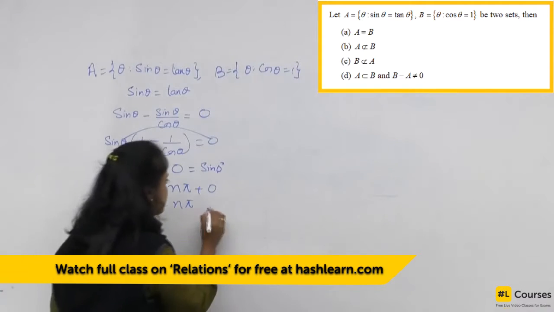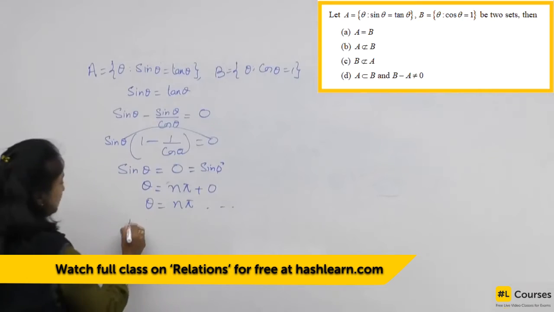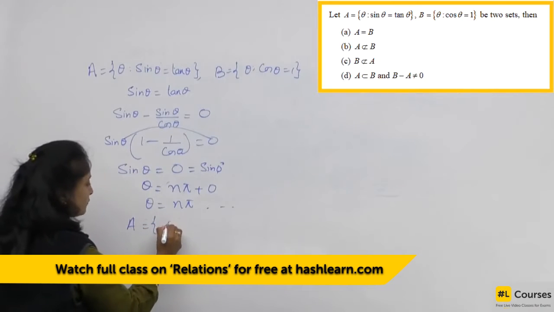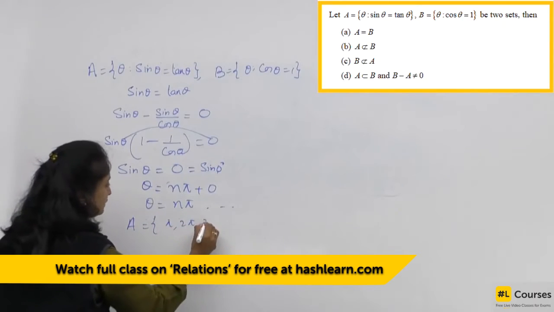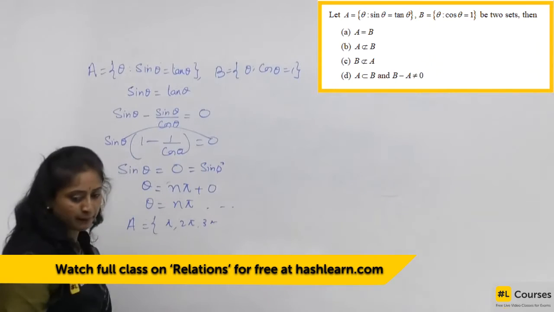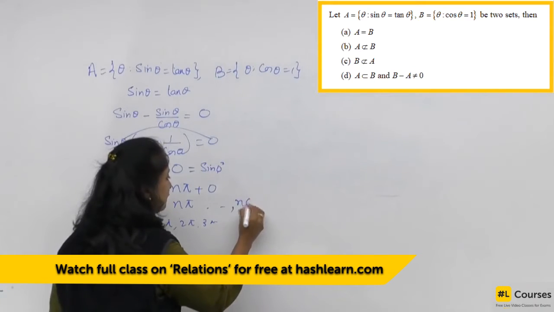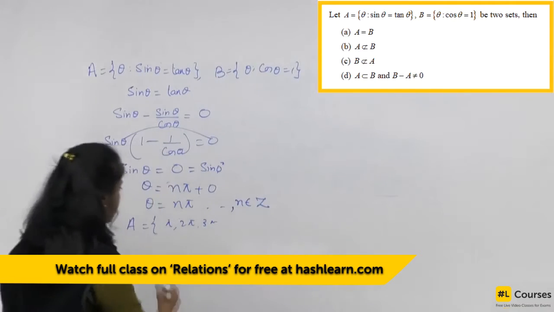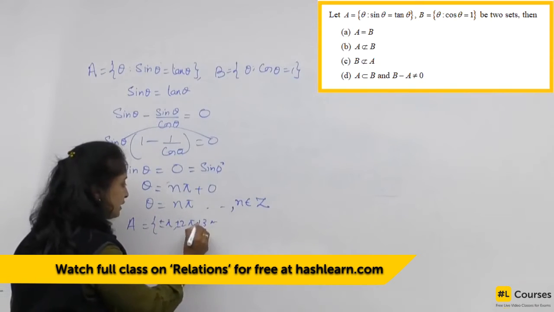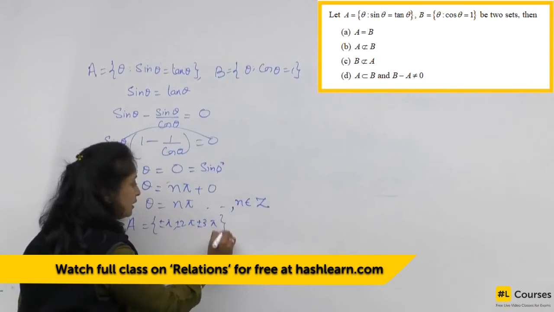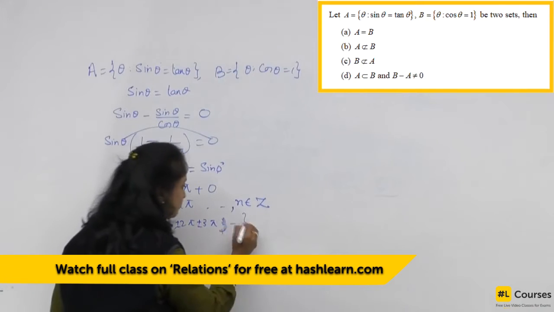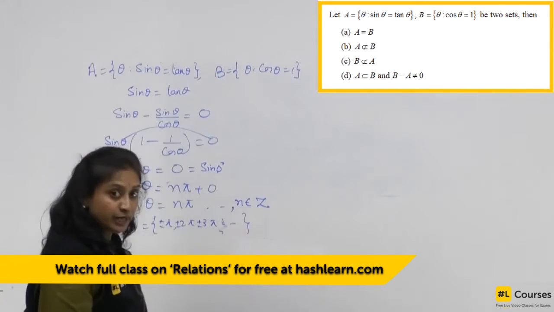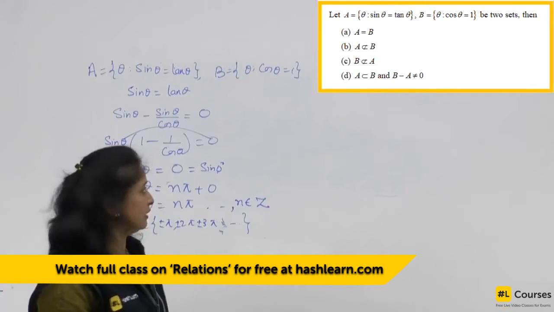What will be the answers? You see that A is equal to 1 pi, 2 pi, 3 pi, all the answers will be present. We also write n belonging to Z, which means you have plus or minus pi, plus or minus 2 pi, plus or minus 3 pi, and this is going to continue because Z is an infinite set.